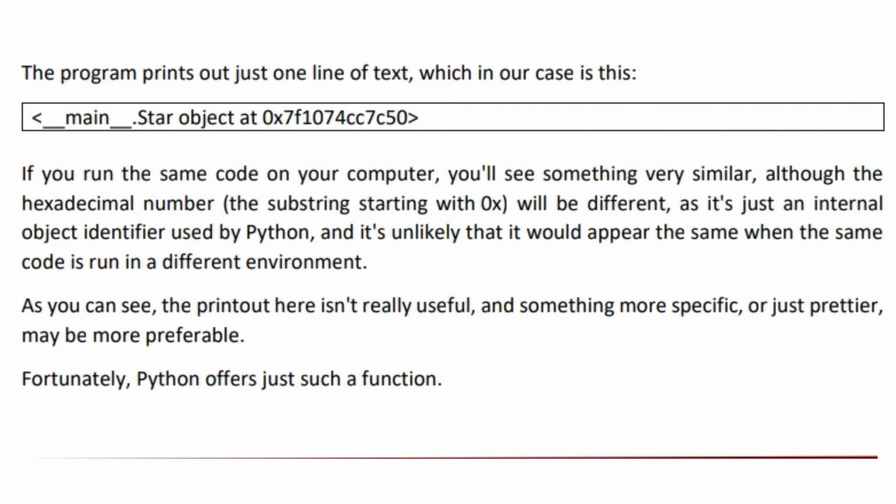The program prints out just one line of text, which in our case is this. If you run the same code on your computer, you'll see something very similar, although the hexadecimal number, the substring starting with 0x, will be different, as it's just an internal object identifier used by Python, and it's unlikely that it would appear the same when the same code is run in a different environment.